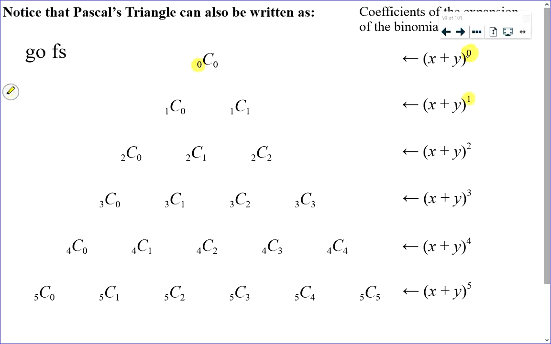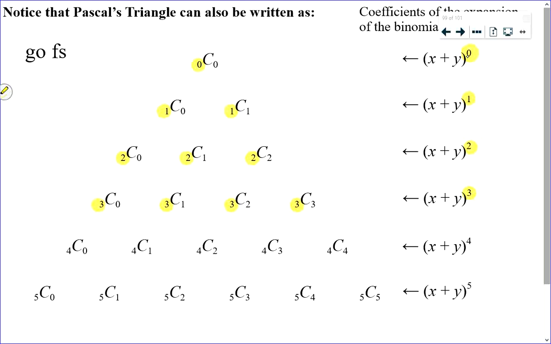So if n is 1, it starts off with 1 choose nothing, and then it goes up to 1 choose 1. If n is 2, it goes from 2 choose nothing to 2 choose 1 to 2 choose 2. If n is 3, sorry, let me repeat that. 3 choose 0, 3 choose 1, 3 choose 2, 3 choose 3.